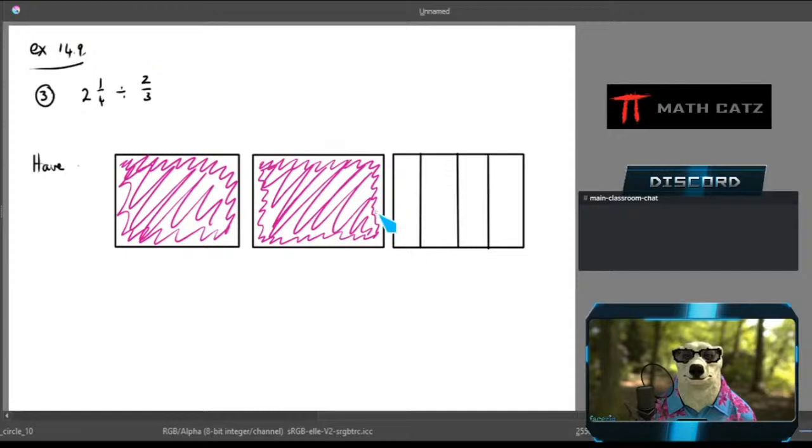And then one of those slices is what I have. Okay, great. That's quite a bit. Nice. I like it.